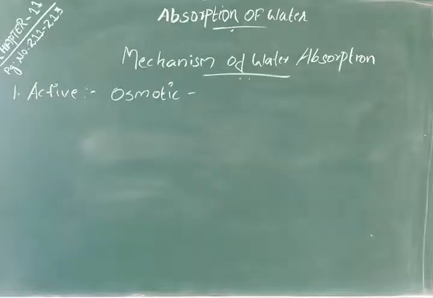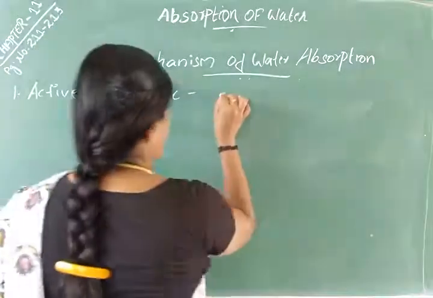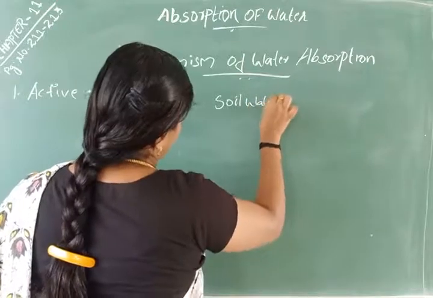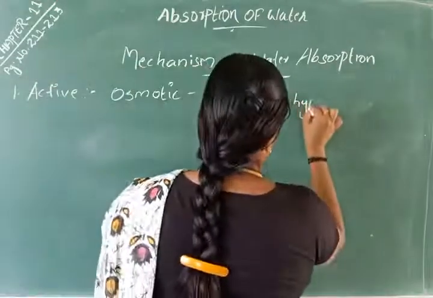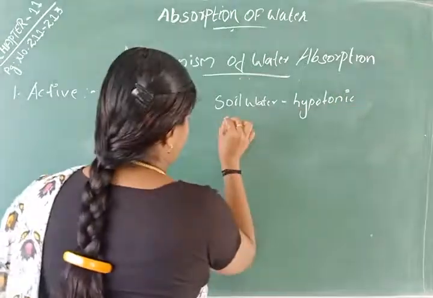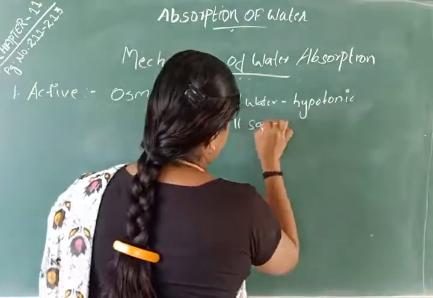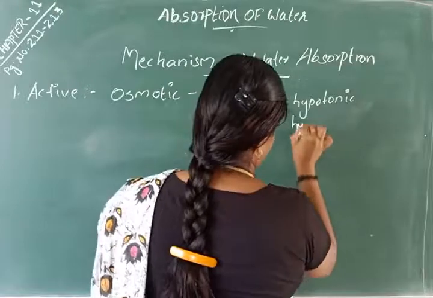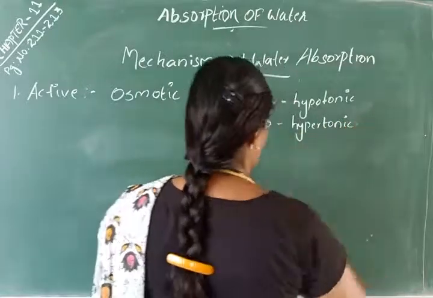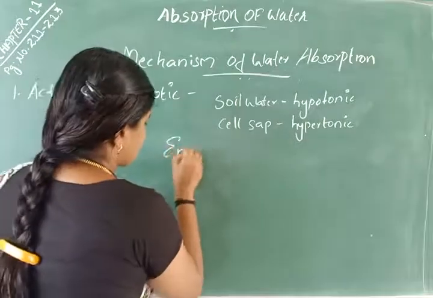Then, the soil water is hypotonic compared to the cell sap. Soil water is hypotonic, that is the solvent concentration is high, whereas the cell sap is hypertonic, that is the solvent concentration is low. So endosmosis takes place.